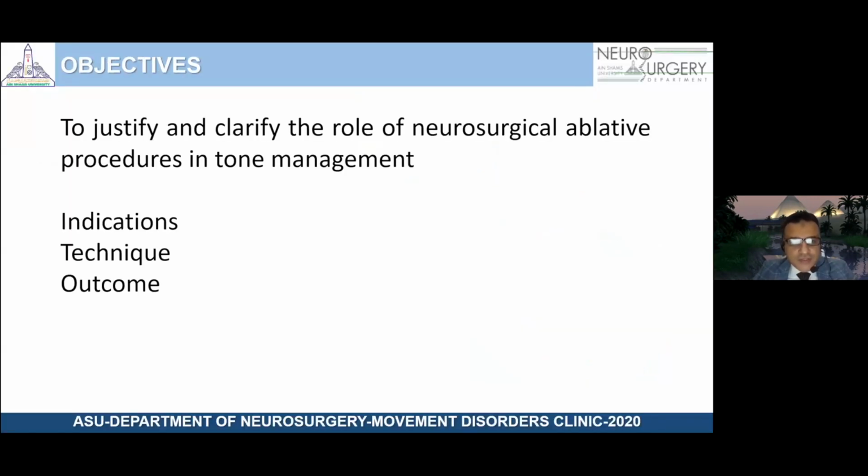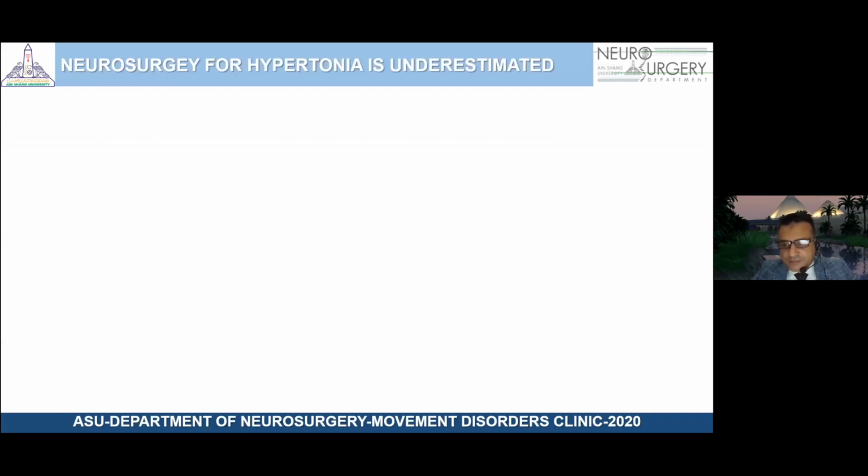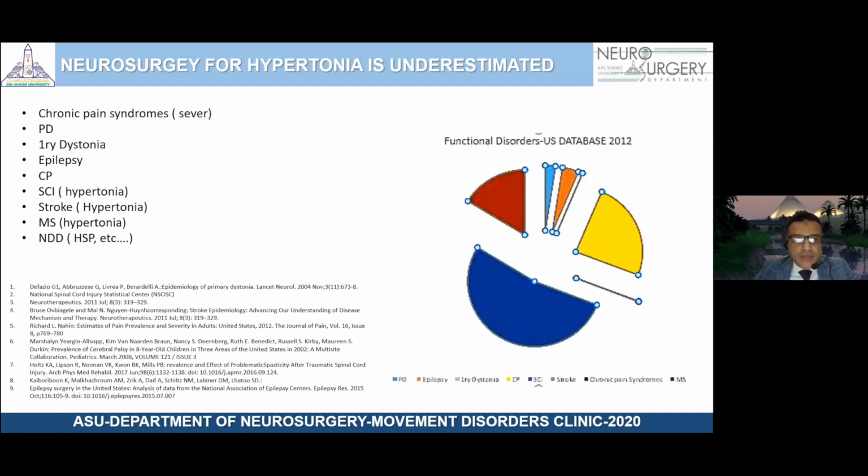I have no disclosures. My objective today is to justify and clarify the role of neurosurgical ablative procedures in the management of hypertonias regarding the indications, techniques, and the outcome. When we estimate the role of functional neurosurgery for functional disorders, we find that neurosurgery for hypertonia is underestimated.